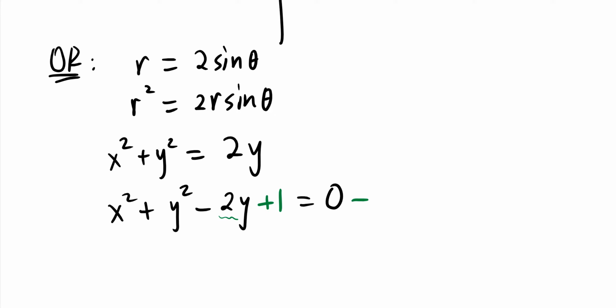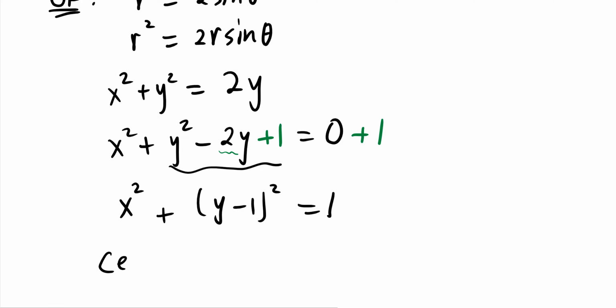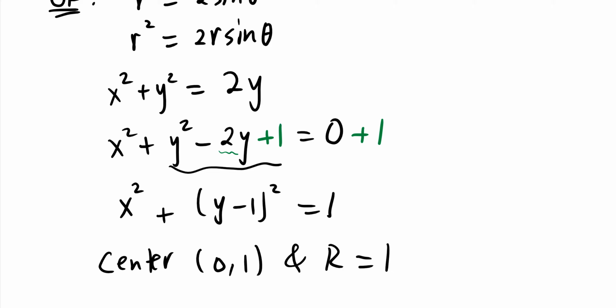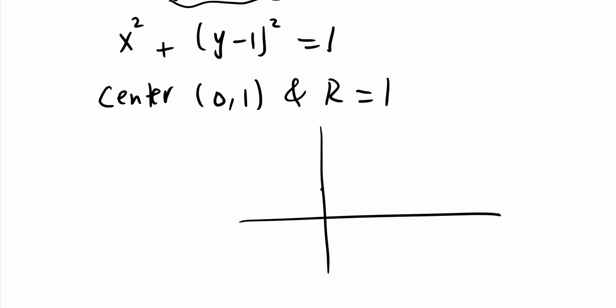So add 1 to this side and 1 to the other side. That gives us x squared plus (y minus 1) squared equals 1. So the center is (0, 1), radius 1. If you try to plot this, center (0, 1), and radius 1, you're going to go down 1, up 1.